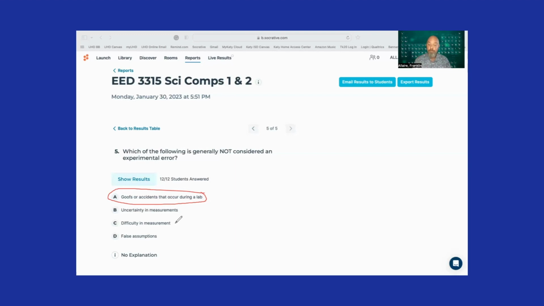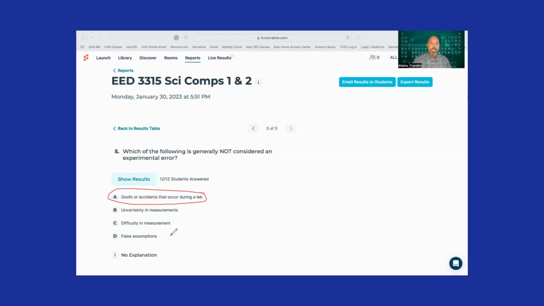However, if you have a flat ruler and you need to measure, for instance, the circumference of a bottle, that's a lot harder to do, again, with a flat ruler. So the difficulty in measuring things can create some problems during an experiment or an activity. It can lead to some uncertainty in the measurements because you're kind of guesstimating there. But again, that does not count as an experimental error.